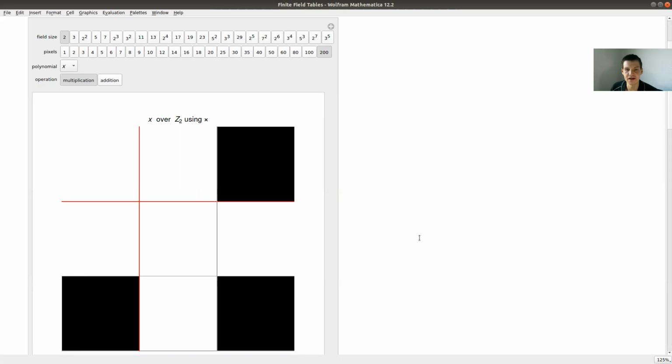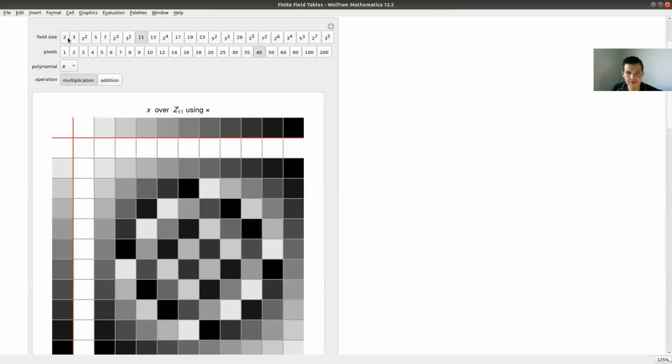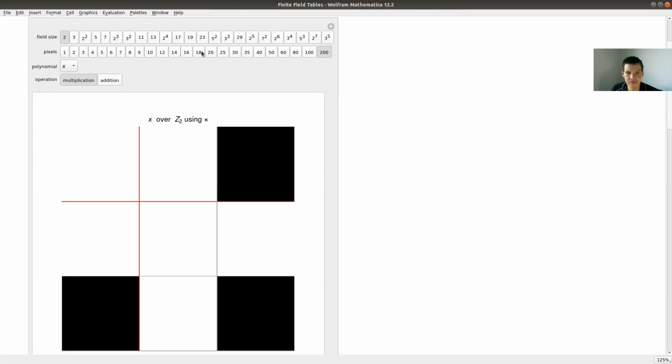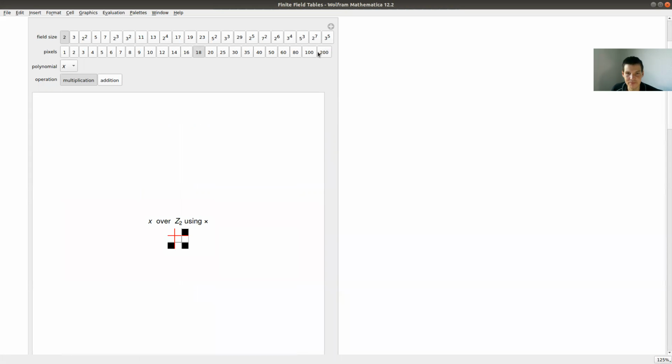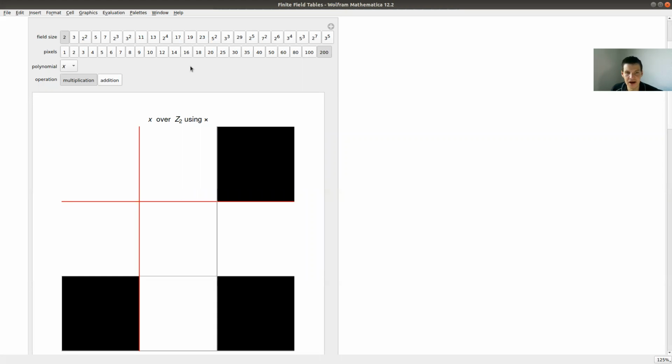So here's Mathematica, and what you see is just a multiplication table. I can vary here my field size. I can vary here my pixels, so I can make it bigger or smaller. And I can go from multiplication to addition table. But let's stay with the multiplication table. So this is Z mod 2, and the color code is just indicating the two different numbers.